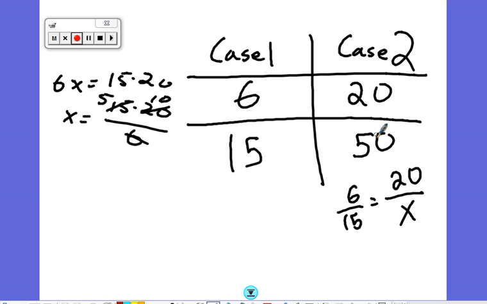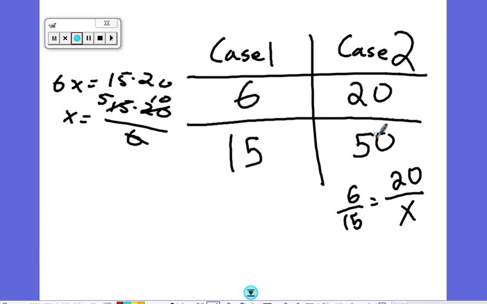Now let's work at the problem a little bit of a different way. Let's figure out how much each book actually weighs. 6 books equal 15 pounds. How much is 1 book? How would we figure that out? Well, I would divide 15 by 6.